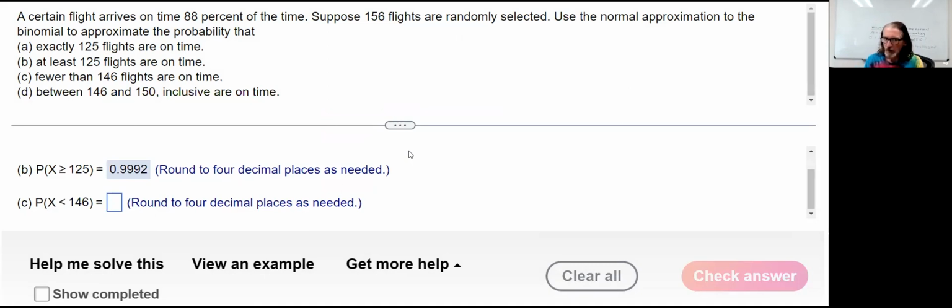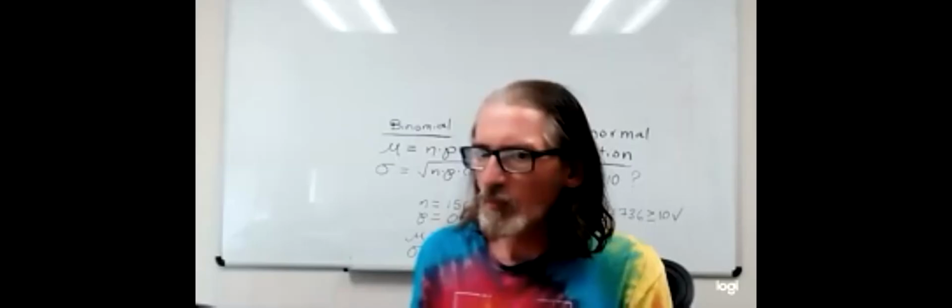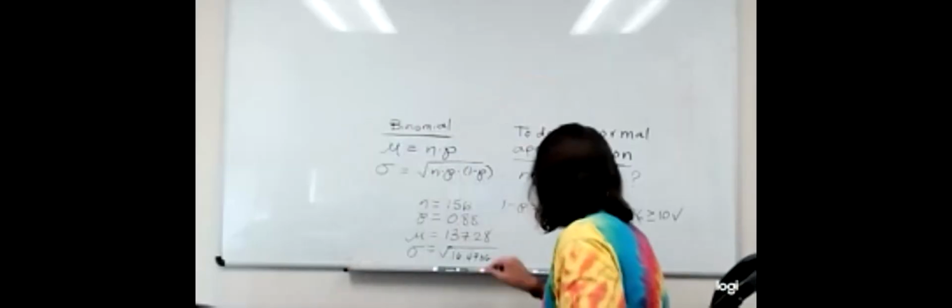Fewer than 146. We're going to have a little problem with the continuity correction there. That's saying X is strictly less than 146, and that would mean then that it is less than or equal to 145.